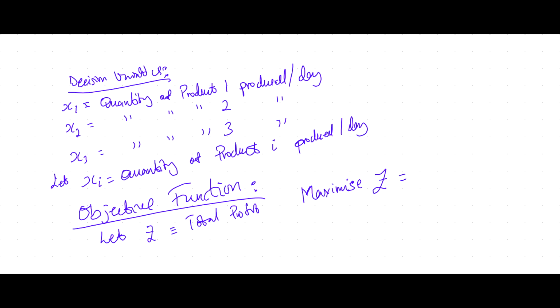For product 1, the profit is 3. However, the total profit for selling product 1 is 3 times the quantity of product 1 that must be produced in a particular day. That will give us the total profit. Again, for product 2, the profit is 5 per unit, so it is 5 times X2, which is this one.